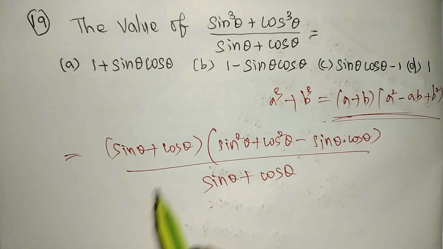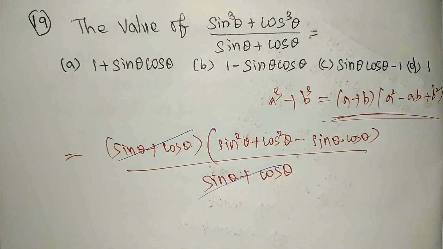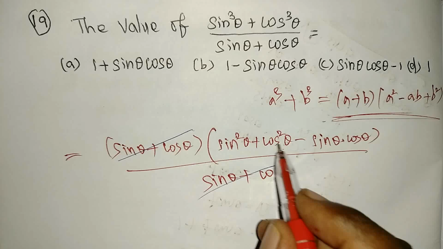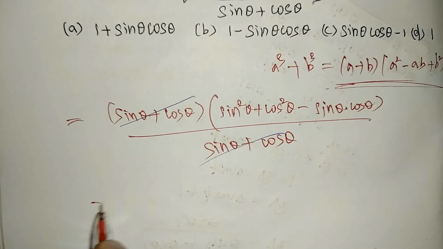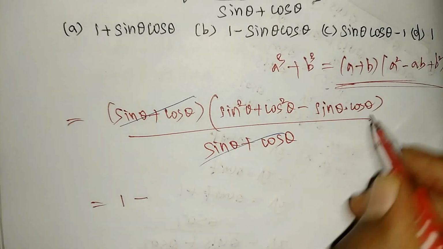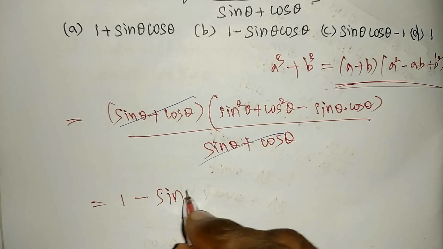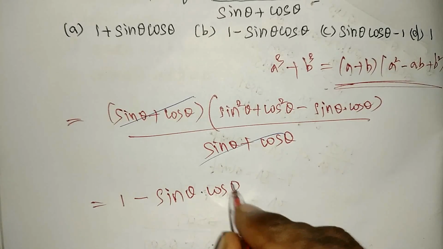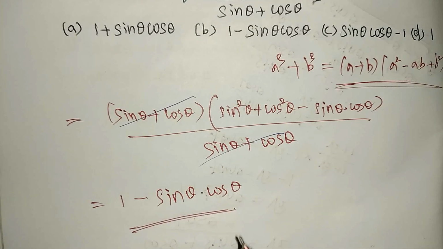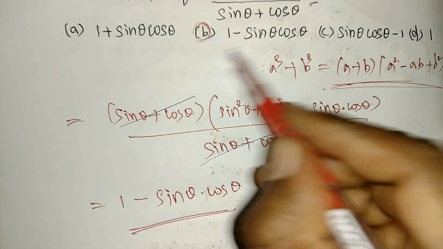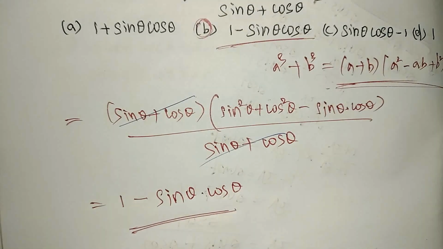But the numerator and denominator will be cancelled. Now what we have remaining is sin square plus cos square, which we know is 1, the identity, minus sin into cos. See the options, we have option number B: 1 minus sin theta into cos theta. That's it. This is our required answer.